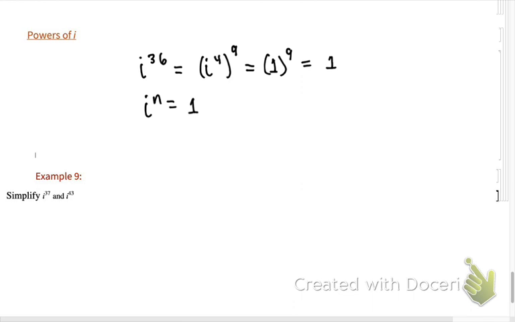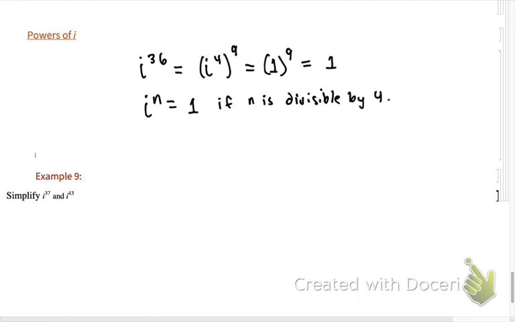Before I do an example, if I was to take something like i to the 36th, 36 is divisible by 4, so this could be rewritten as i to the fourth to the 9th power, right? 4 times 9 is 36, and i to the fourth is 1. So I get 1 to the 9th, and 1 to any power is 1. It's actually true that i to the n always equals 1 if n is divisible by 4.